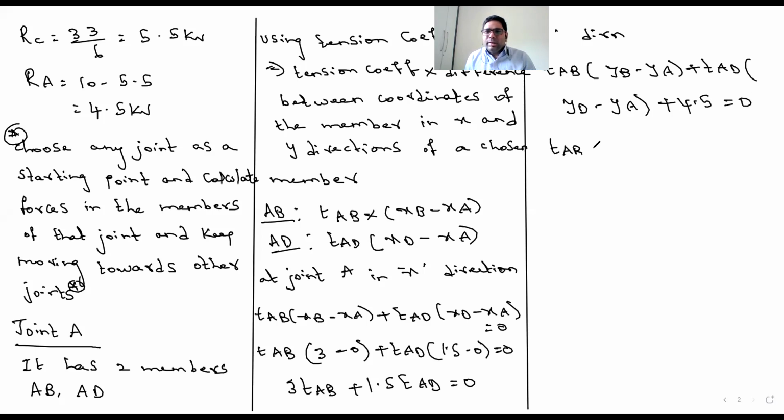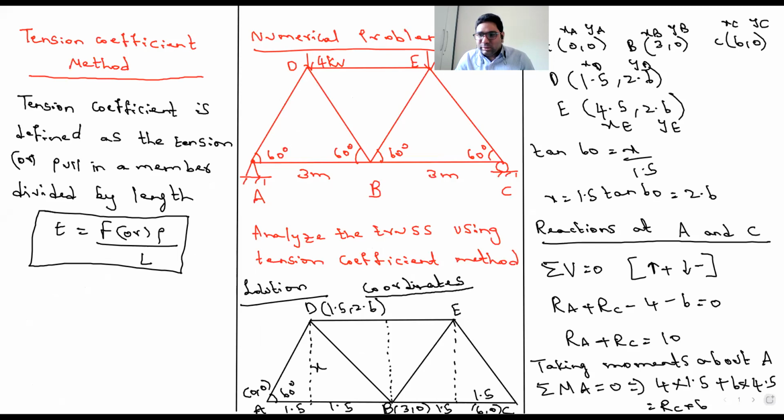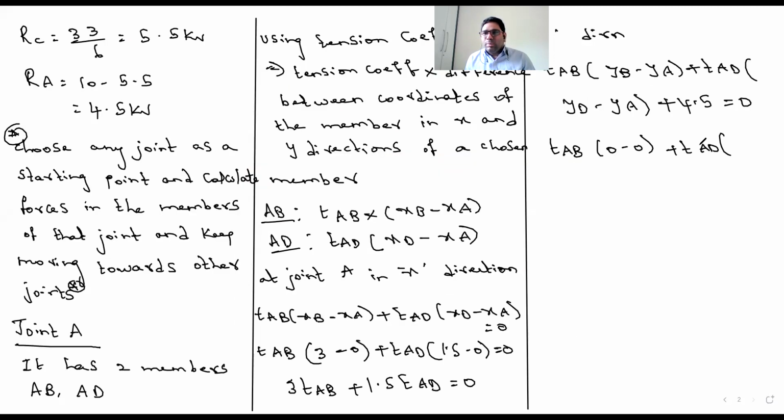So TAB into 0 minus 0 plus TAD into YD, which is 2.6, minus 0, plus 4.5 is equal to 0. So 2.6 TAD is equal to minus 4.5.